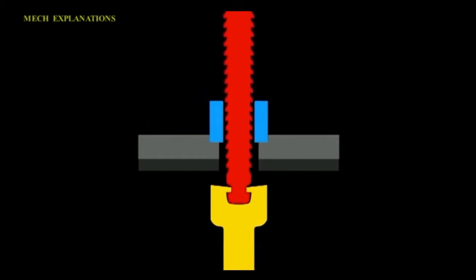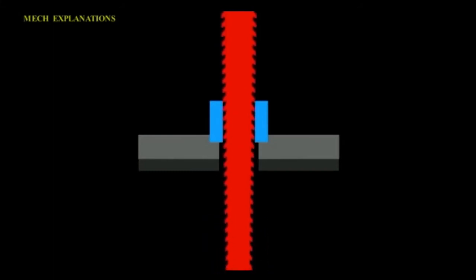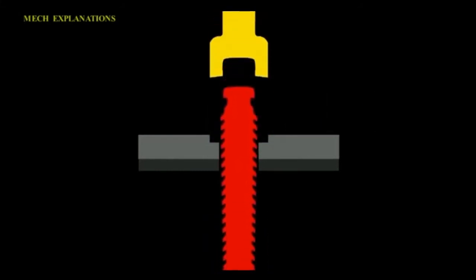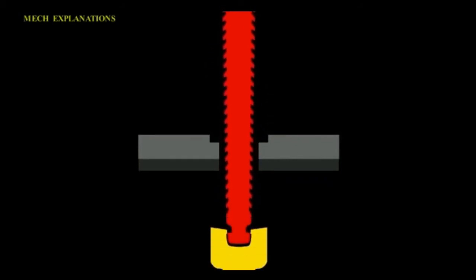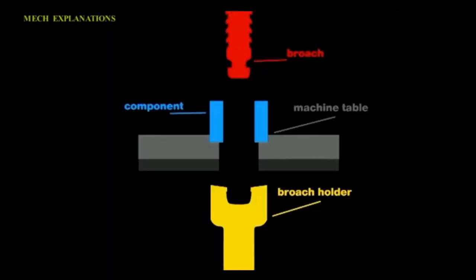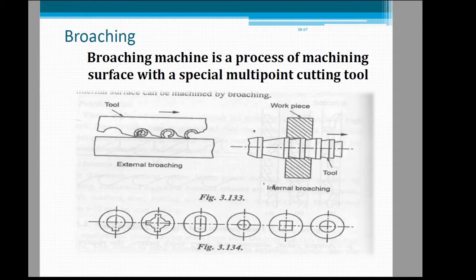Here the tool moves downwards and enlarges the size of the hole. The depth of cut produced by successive teeth is more. The broaching process uses a multi-point broaching tool, and this tool can be used for external broaching as well as internal broaching operation.